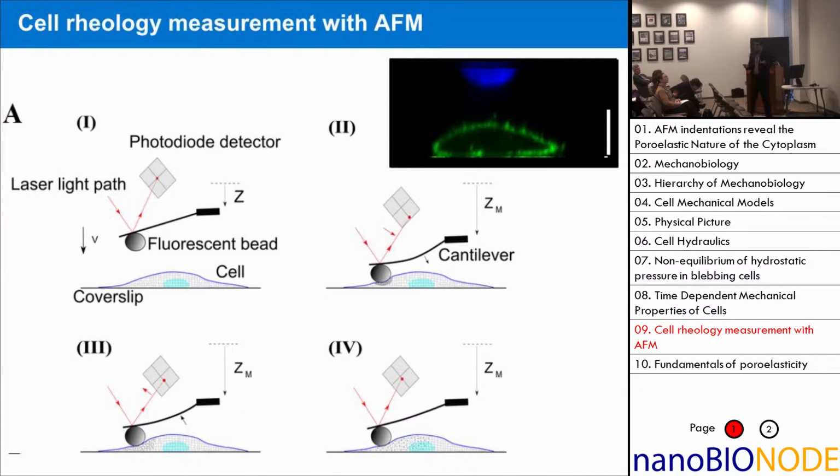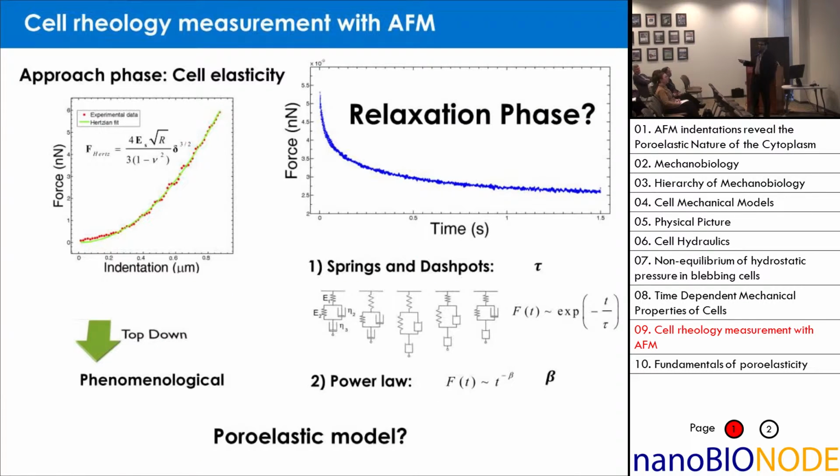Looking at the relaxation mode is the most complicated part. You can fit this relaxation to spring-dashpot models, or recently it has been shown that it's better fit with a power law model. But how about poroelasticity? How can we interpret this data with a poroelastic model?